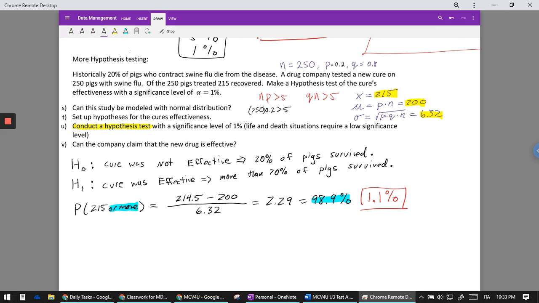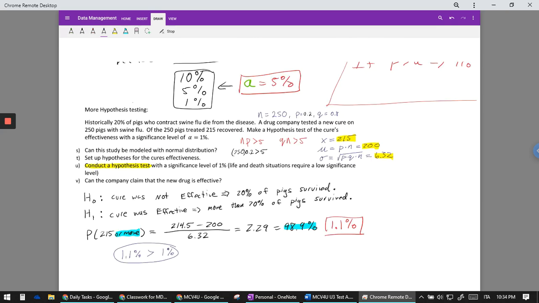We have to compare that with alpha. Is this little percentage here greater than alpha, or less than alpha? So as we can see, 1.1% is greater than alpha, or 1%. Okay. And so therefore we conclude, let's go back up to there. What do we conclude?